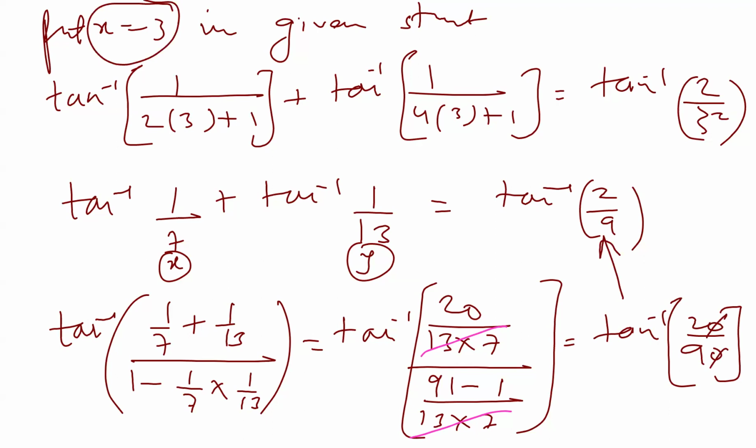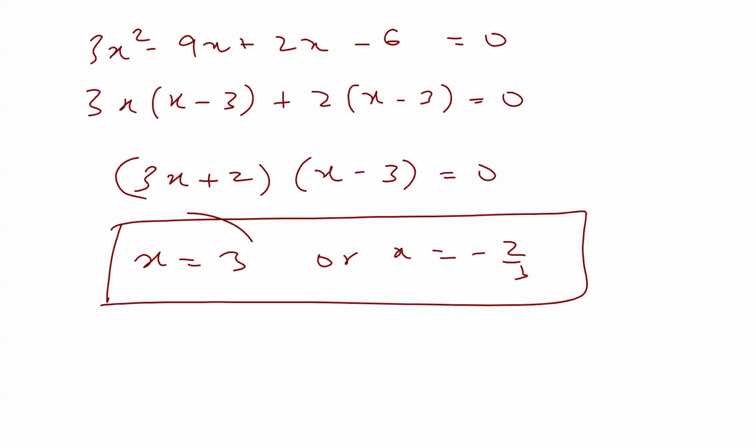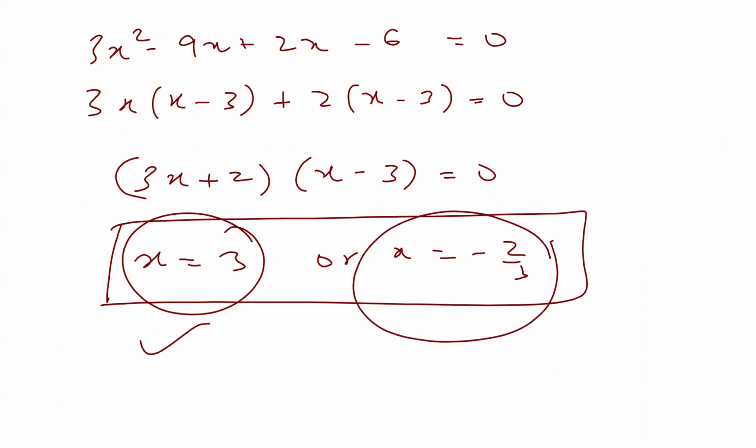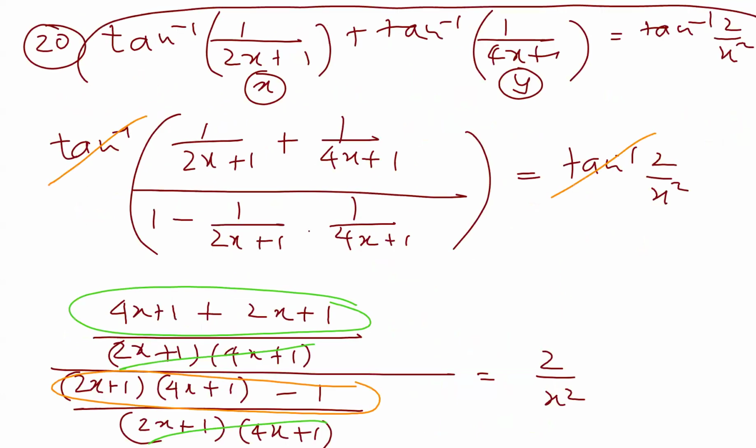Now we got one more value, x equal to minus 2 by 3. x equal to 3 I have tested. Now you can put x equal to minus 2 by 3 in the given statement and check whether LHS is equal to RHS. If it is equal, then x equal to minus 2 by 3 is also a solution.